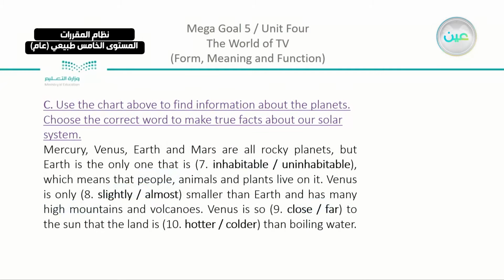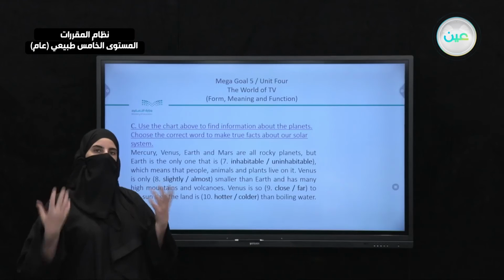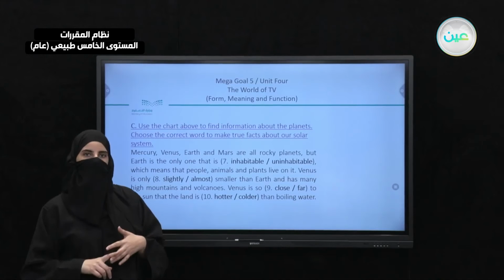Okay. Now we have here Mercury, Venus, Earth, and Mars are all rocky planets, but Earth is the only one that is habitable or uninhabitable. Again, we have here habitable. So what does it mean? It's a habitat for humans, animals, and plants.